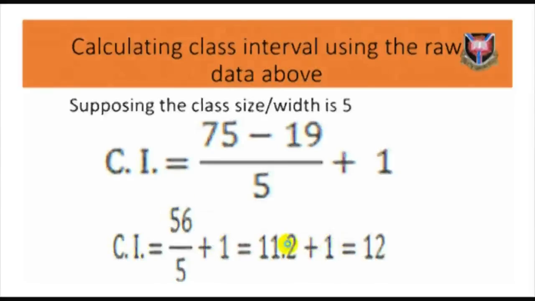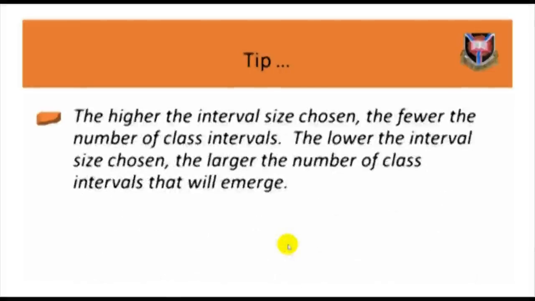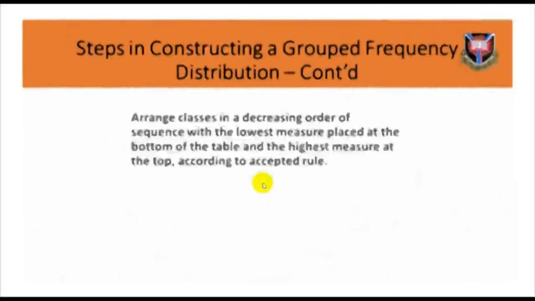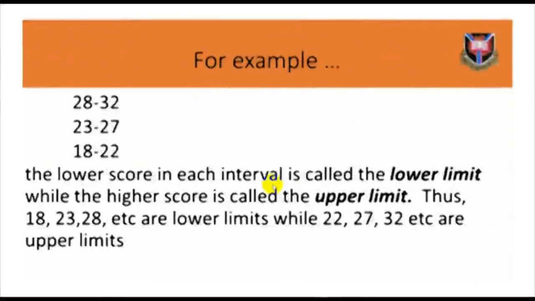Take this tip: the higher the interval size chosen, the fewer the number of class intervals. The lower the interval size chosen, the larger the number of class intervals that will emerge. 3. Arrange classes in a decreasing order of sequence with the lowest measure placed at the bottom of the table and the highest measure at the top, according to accepted rule.